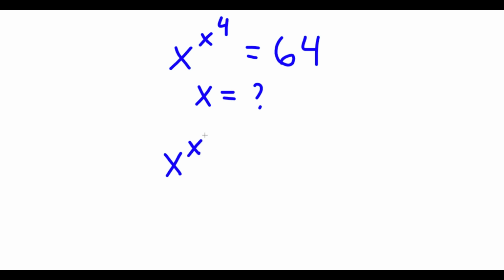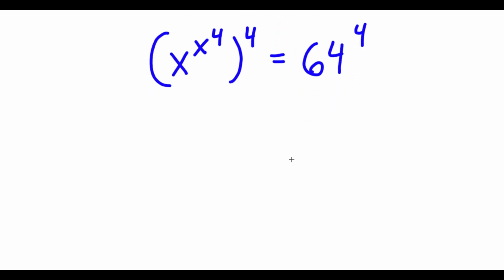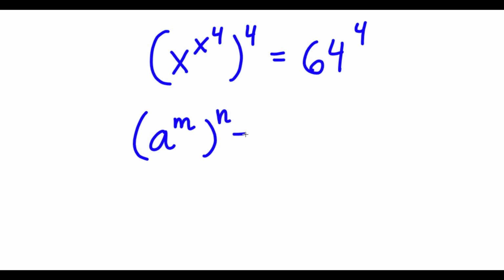So now I have x to the power of x to the power of 4 to the power of 4 is equal to 64 to the power of 4. Now, if I have something in the form a to the power of m to the power of n, this is the same thing as a to the power of n to the power of m.